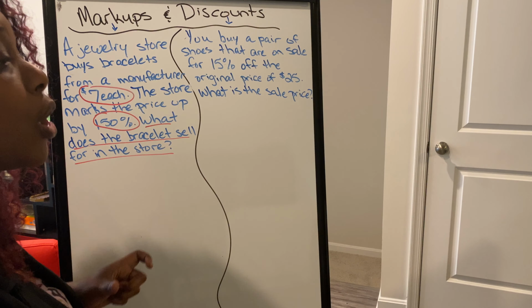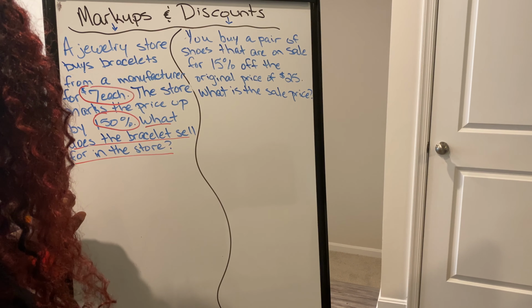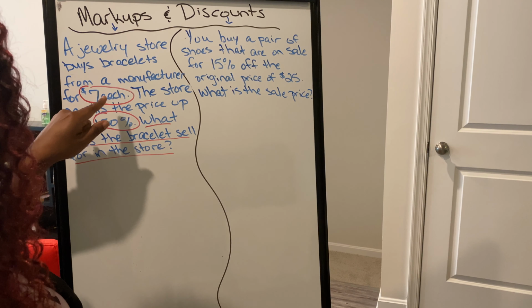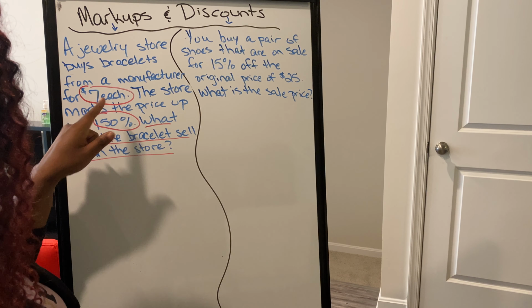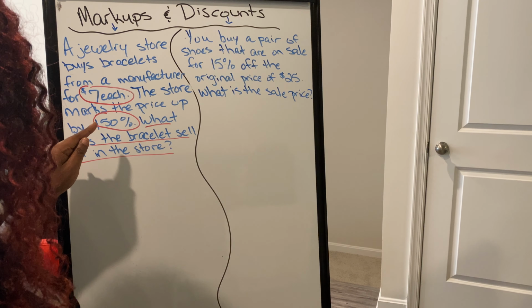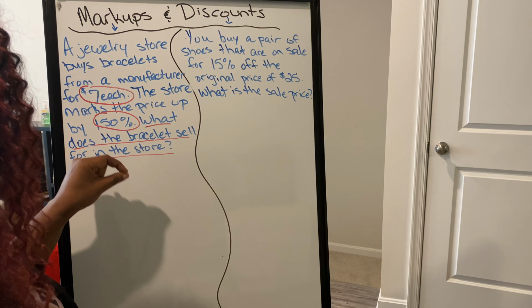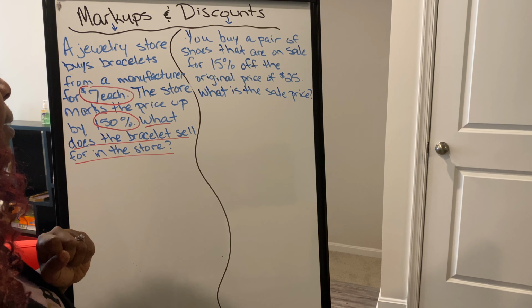Whenever you're looking at markup, you're going to look at your retail price, which is here. They call it retail value. The retail value is going to equal your wholesale price, which is here, plus your markup price.